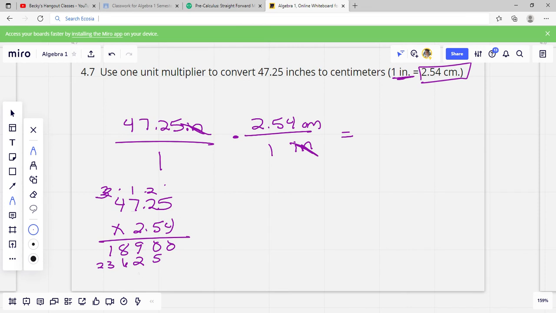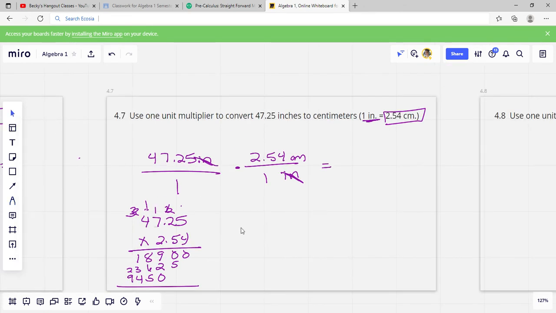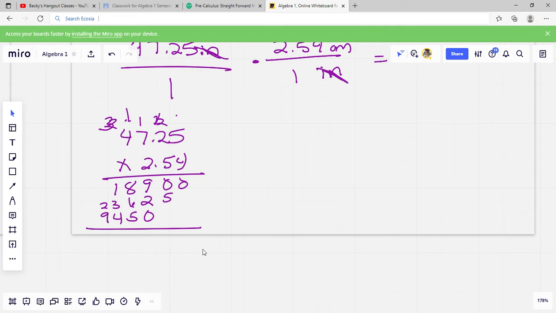Okay, now I got to do my 2. 2 times 5 is 10. 2 times 2 is 4, 5. 2 times 7 is 14. 2 times 4 is 8, 9. Now I add. Need more room. Okay, now I'm going to add them, and I got 0, 5, 9, 10, 11, 6 and 8 is 14, 15 and 5 would make 20.